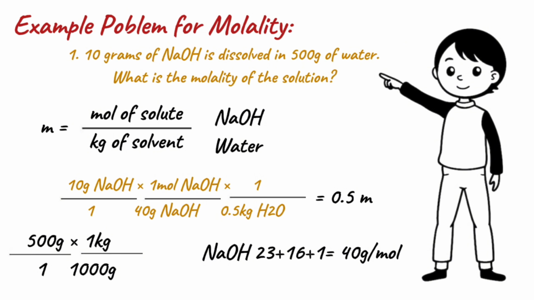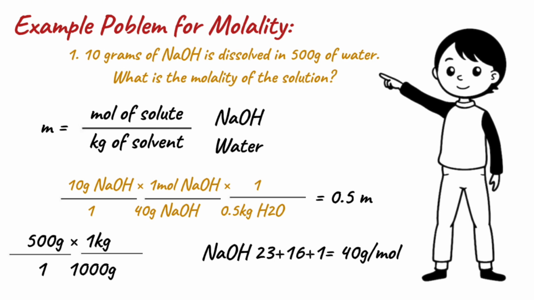So we can cross out those units. So right now, we have moles of solute. All we need to do is divide it by the kilograms of solvent. So we have 500 grams of water. We need to convert it to kilograms. To convert from grams to kilograms, simply divide by 1,000 or move the decimal 3 units to the left. So 500 divided by 1,000 is 0.5.